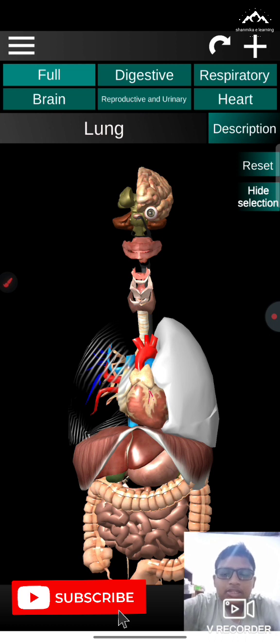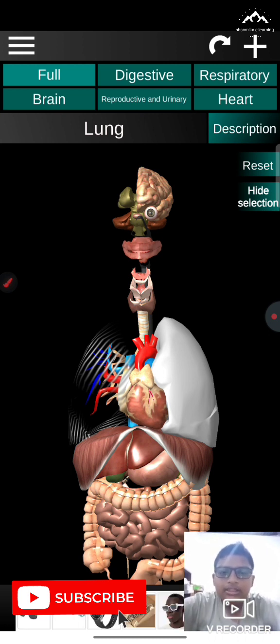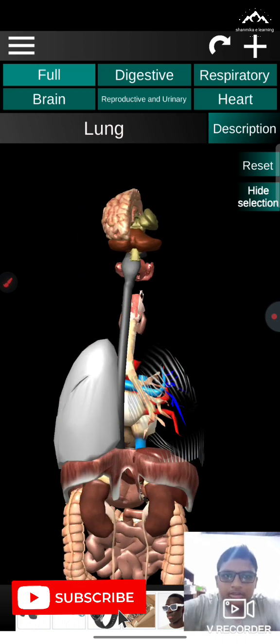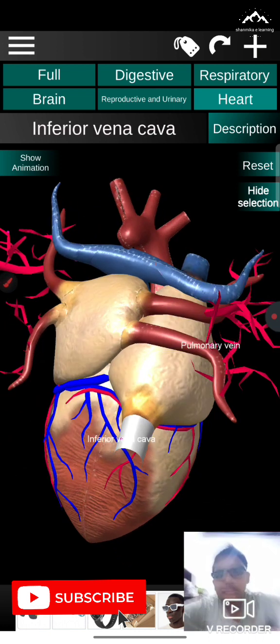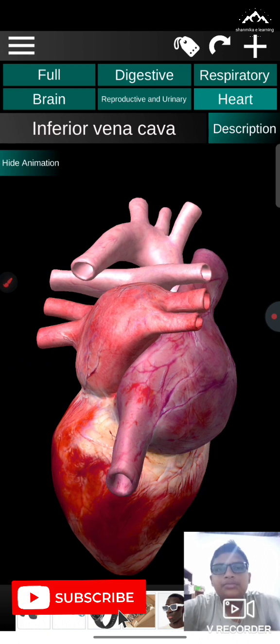Here, this is the location of the heart. It is located in the thorax, that means the upper area from the diaphragm, between the lungs. This is the heart. This is how our heart pumps.